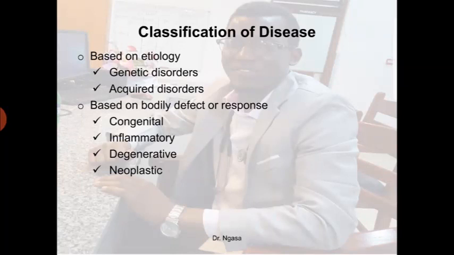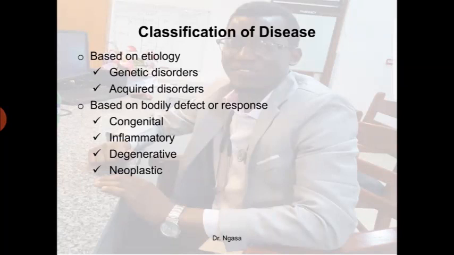But also, an individual can develop a disease due to stimuli from the external environment, and these are acquired disorders, including infections, nutritional deficiencies, and physical or chemical injuries, which may lead to disease development.